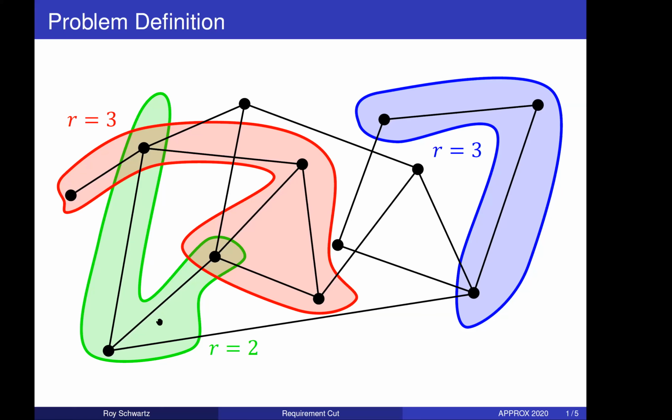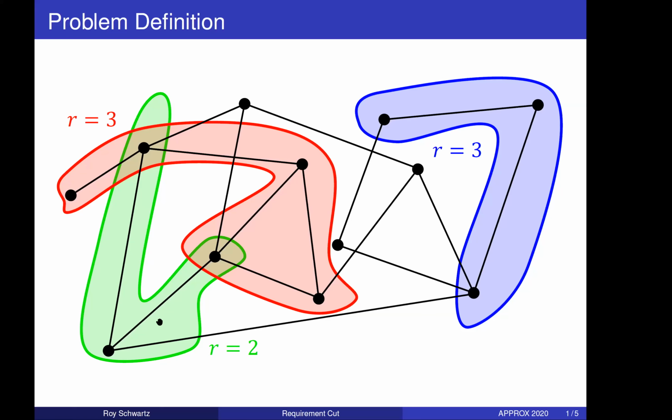And the goal is to remove edges from the graph to partition it. So we remove edges and we look at the connected components that result after we remove the edges. And the constraint is that every group is split into at least its requirement of different connected components.